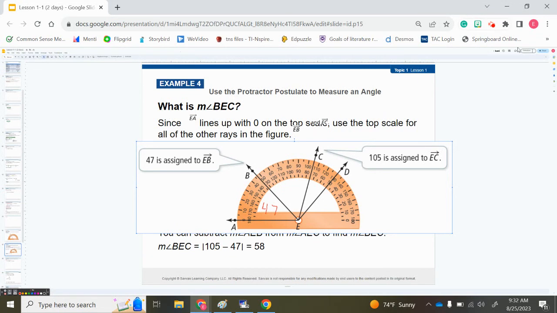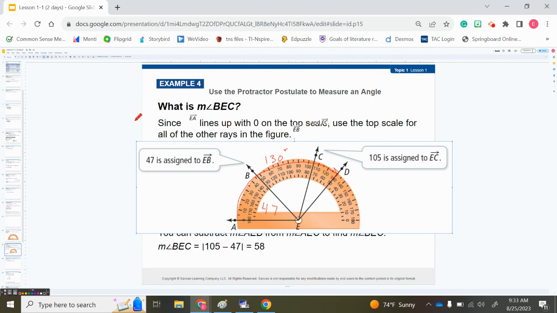So they're saying that's 47 degrees, and then the measure of AED, the entire measure from here to here, is 130 degrees.